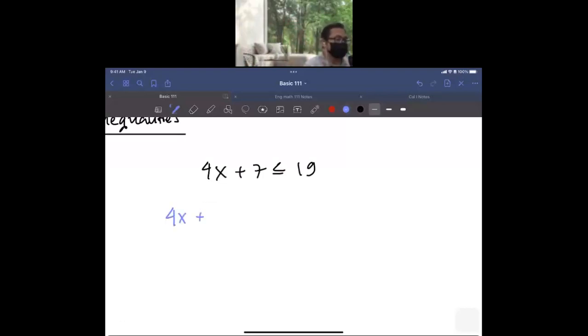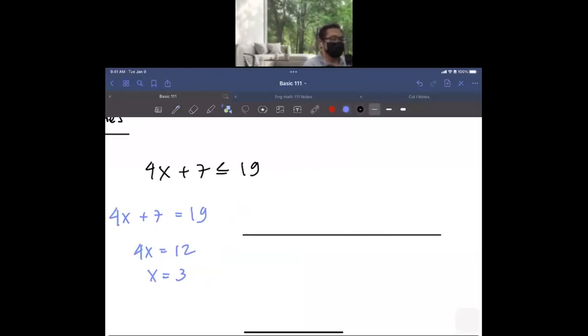Let's just write 4x plus 7 equals 19, and we want to find x. I think we can find it easily: this will be 12 and this will be 3.